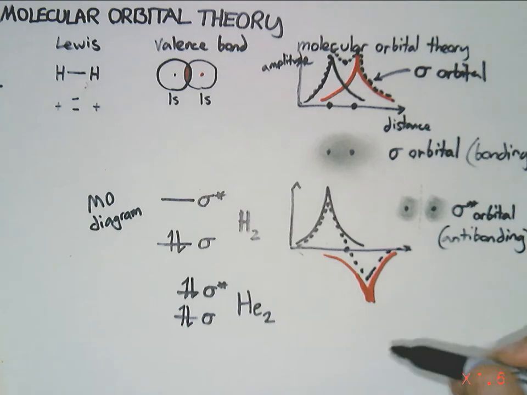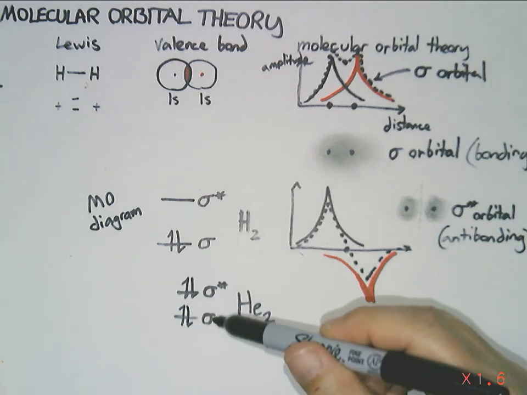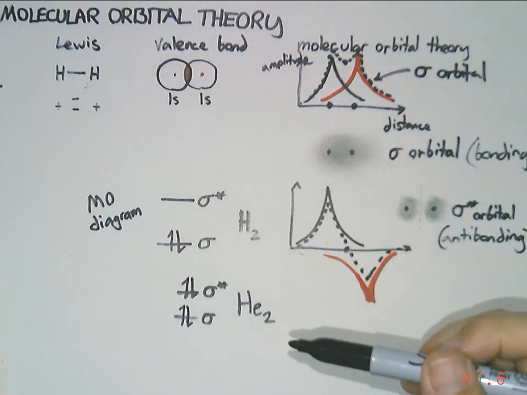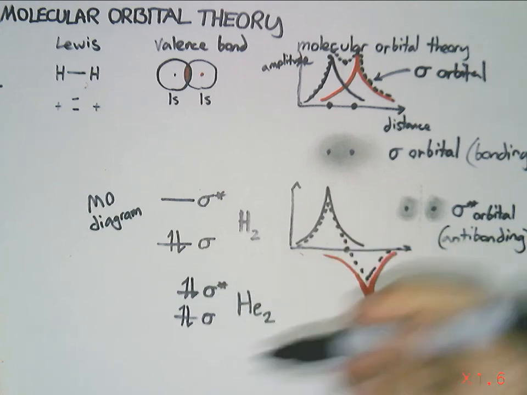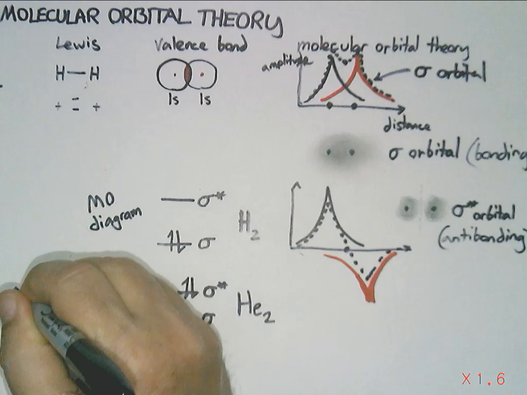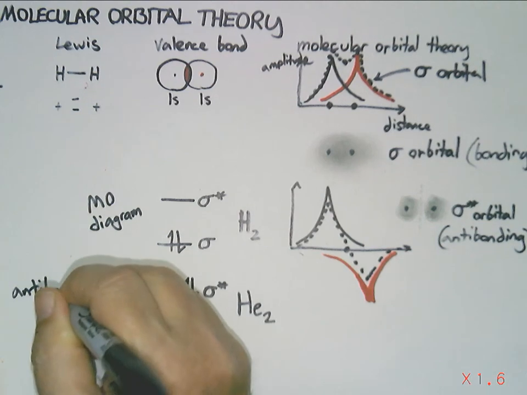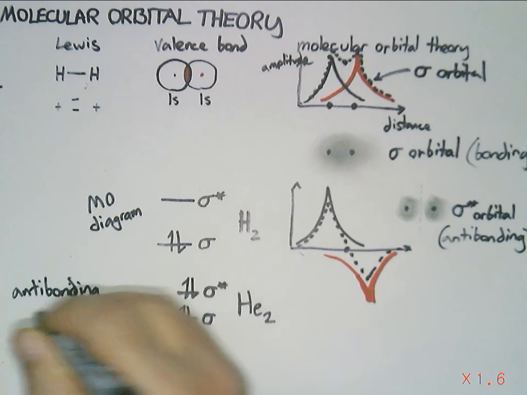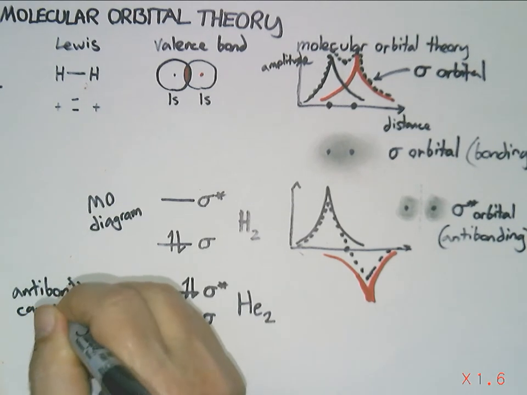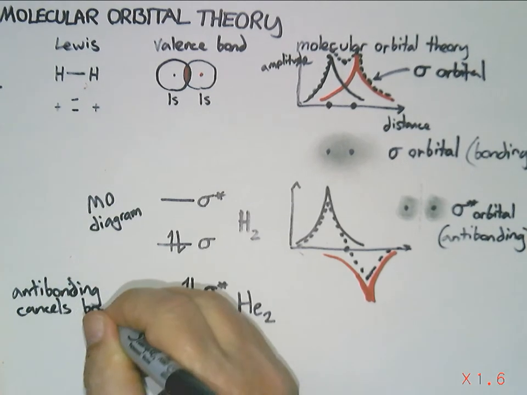Okay, now what does this mean? We have a pair in a bonding orbital, and we have another pair in an anti-bonding orbital. Anti-bonding cancels bonding.